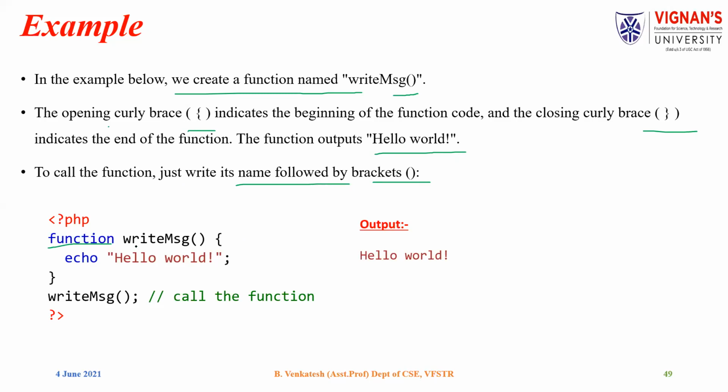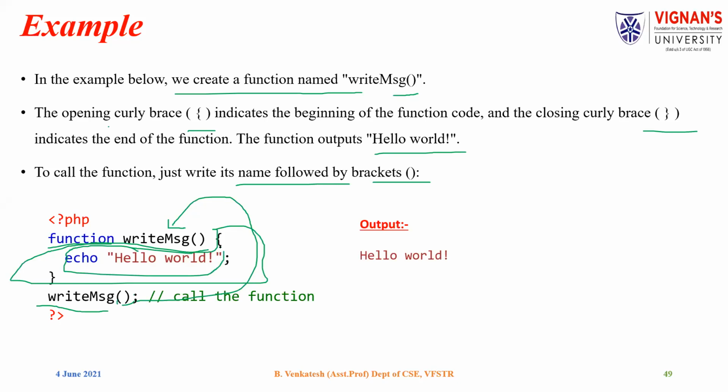So with the keyword function, we write the function definition here. Now if you want to invoke the function, just write the function name, parentheses and a semicolon. Then the control will automatically call this function, and whatever exists in the function code is going to be executed. So the output of this particular one is hello world.